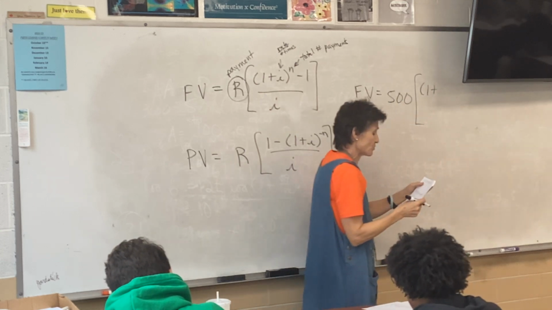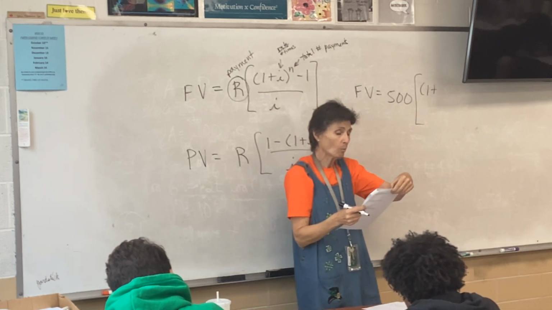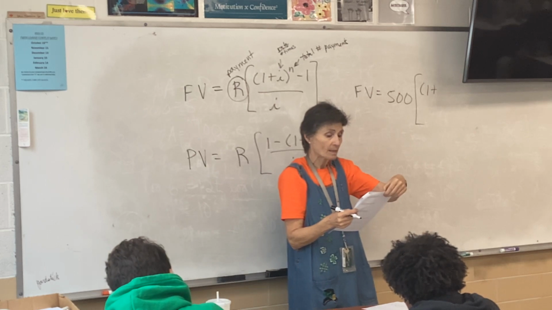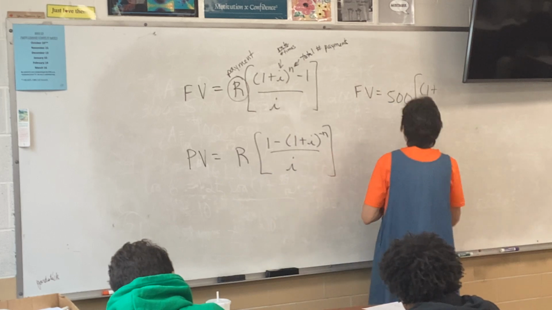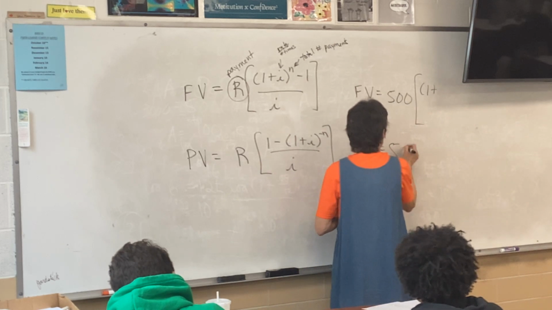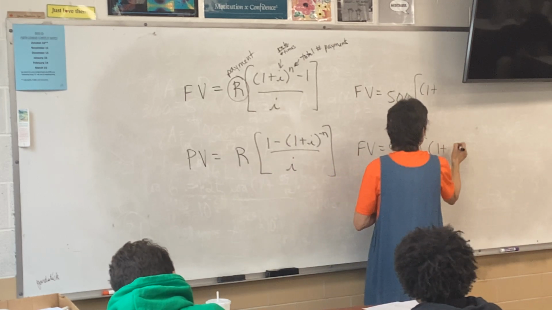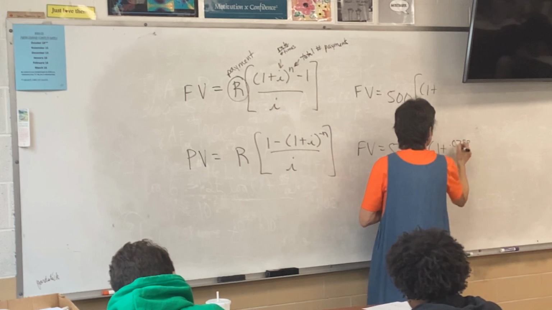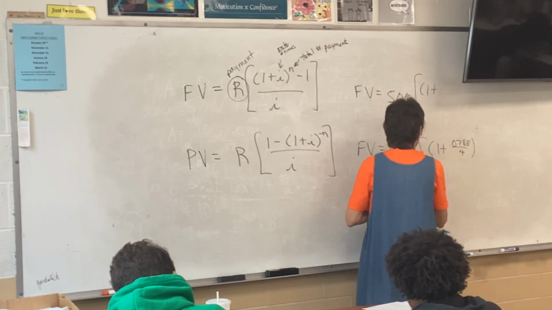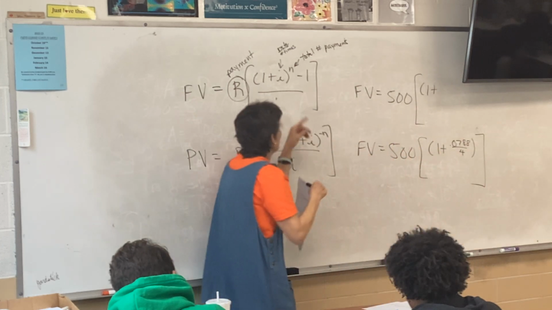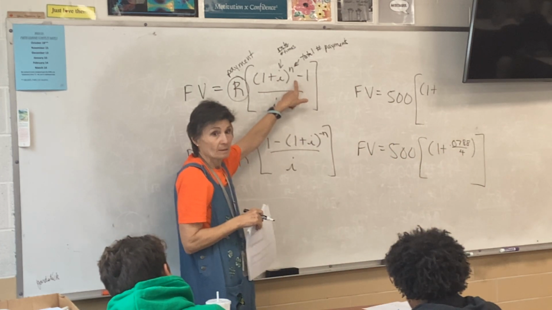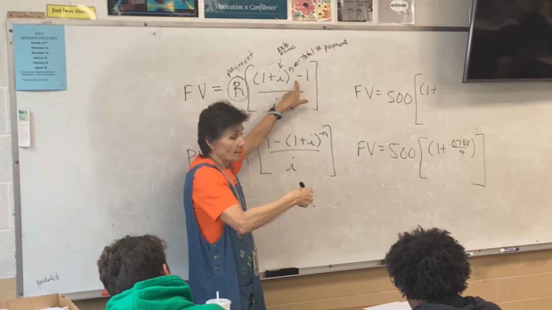The interest rate is 7.88 compounded quarterly. So 1 plus 0.0788 divided by 4. Now what's my exponent gonna be? Why is it divided by 4?